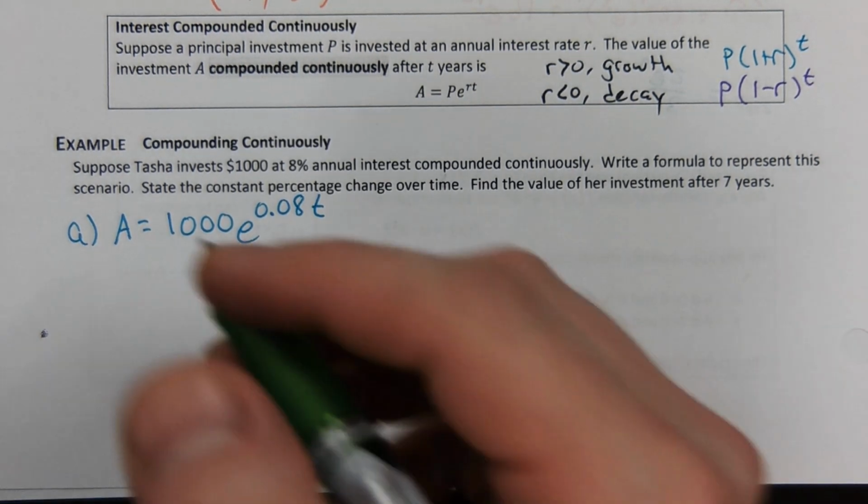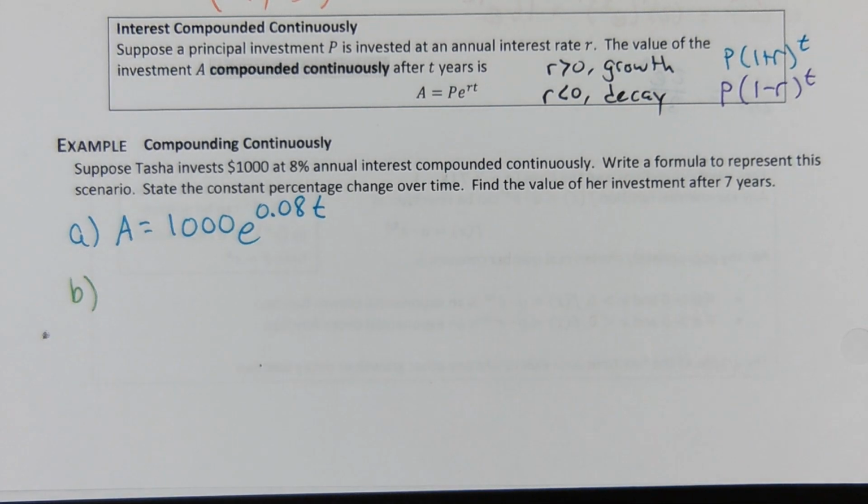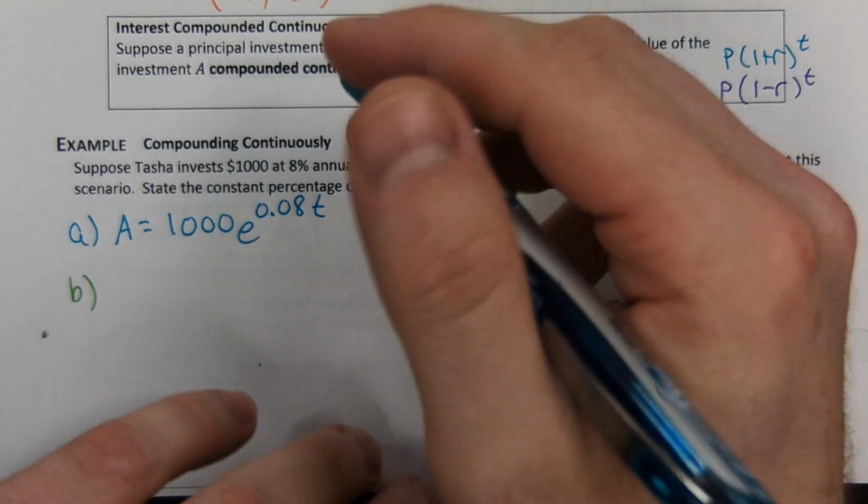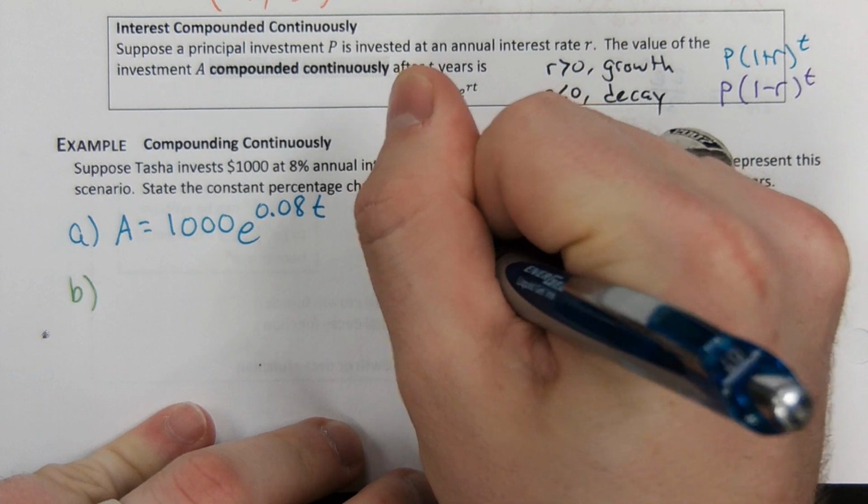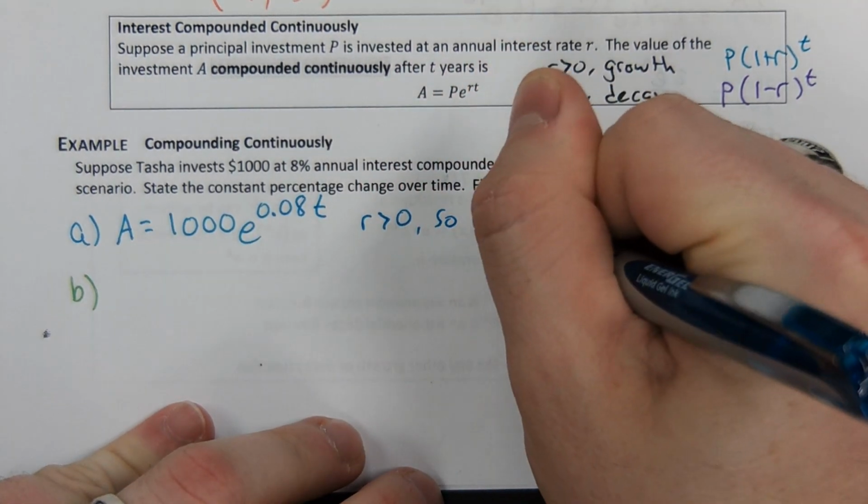Part B says, what is the constant percent change over time, meaning each year. This r is positive, so it's growth.